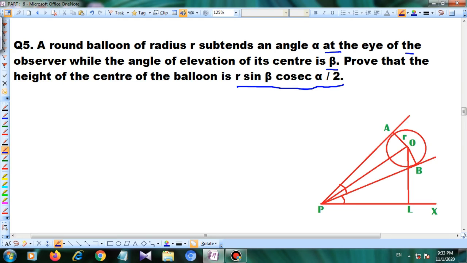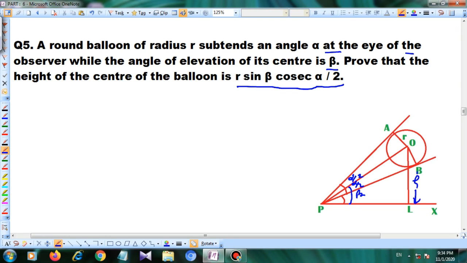Suppose the observer is at P. The line joining the observing point and the center of the circle divides the angle into two halves. So this will become alpha by 2 and alpha by 2. And this angle is given, how much? Beta, right?